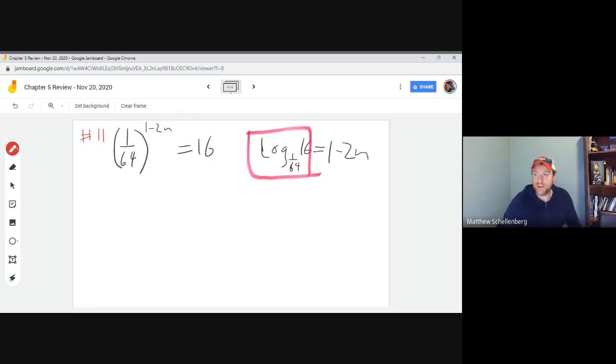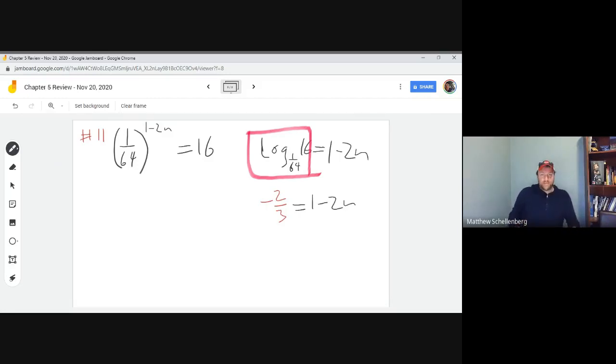So that goes in there. And wow, you know what? That turns out to be minus 2/3 equals 1 minus 2n. So I just plug that red box into Desmos, or any other calculator is fine. And I plug that in, and I got minus 2/3.